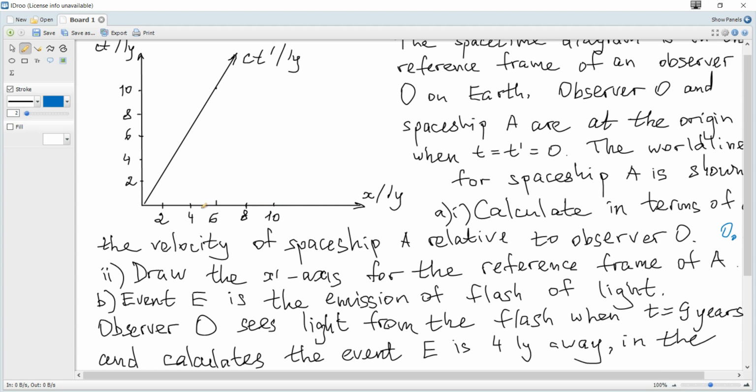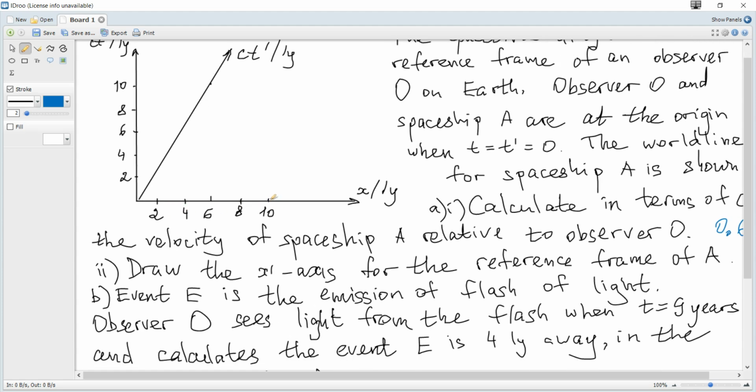So we can choose, for example, 10, 6, and plot a line through 10, 6, so that opposite over adjacent is 0.6 as required, and it's theta. And x primed is also measured in light years.